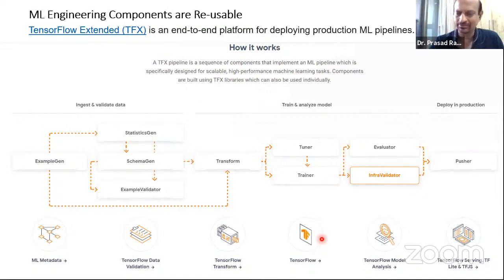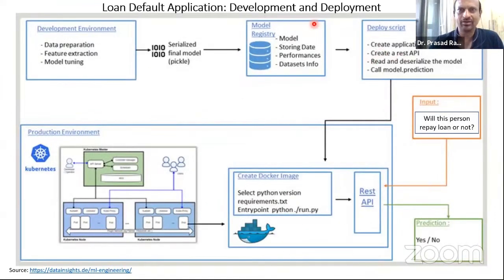While I don't have a specific slide related to Amazon, AWS SageMaker and the AWS machine learning tools also provide the same kind of tool set which will enable us to achieve what we are talking about here.